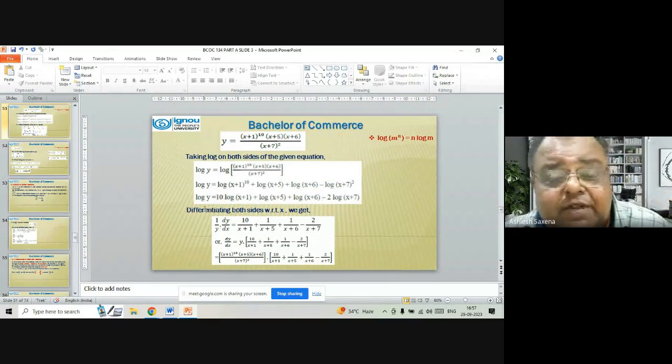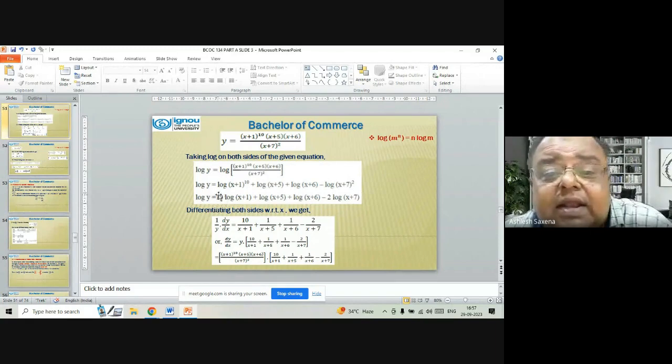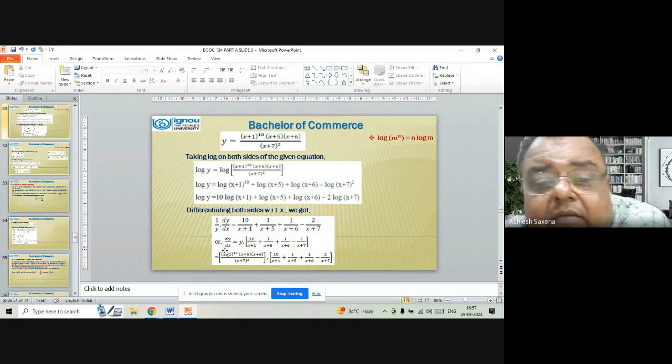I will be differentiating. Log y gives 1 by y into dy by dx equal to 10 as it is. Derivative of log (x plus 1) is 1 by x plus 1. Log (x plus 5) is 1 by x plus 5. Log (x plus 6) is 1 by x plus 6. Minus 2, derivative of log (x plus 7) is 1 by x plus 7. I will just write these numbers.